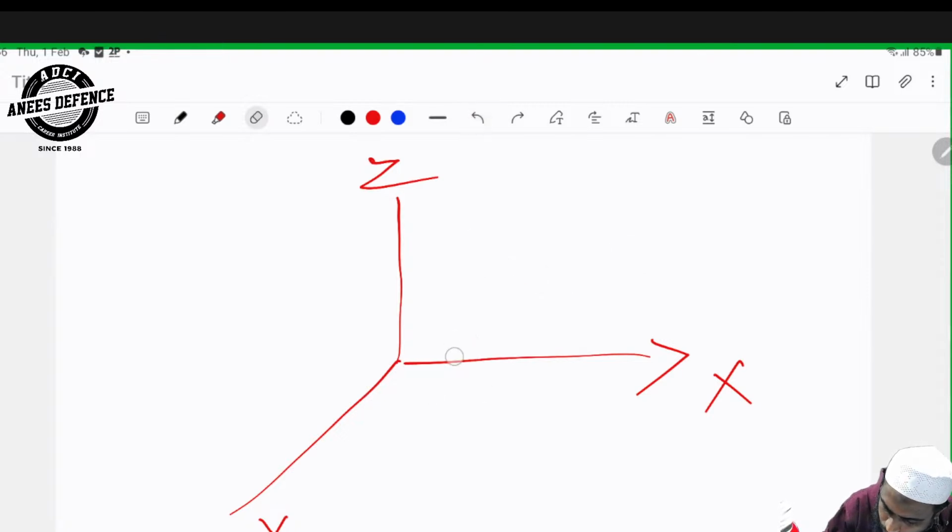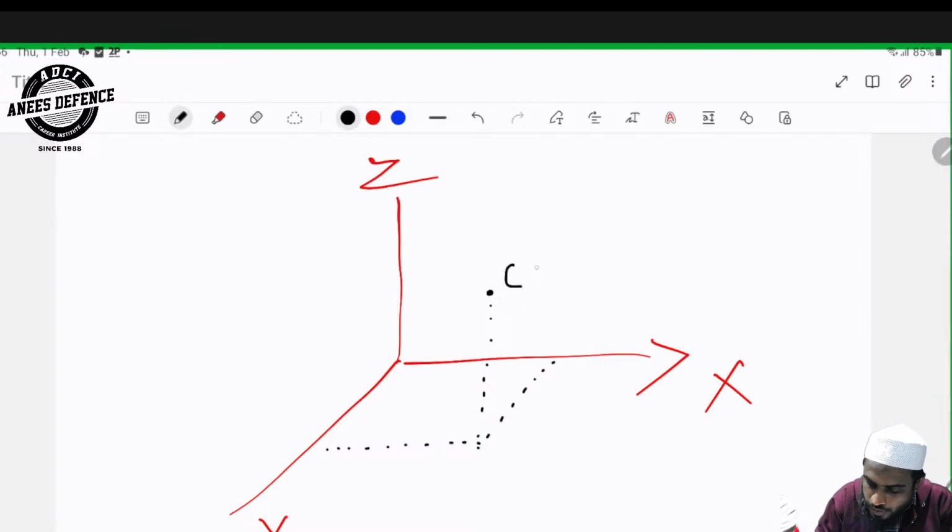I am going to represent a point here. This point can be represented like this. Now you are getting a three-dimensional view of this point.